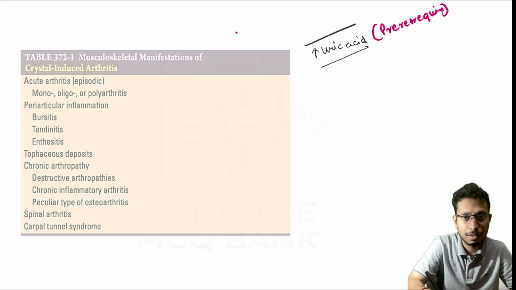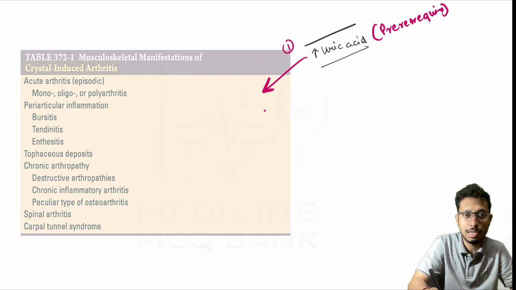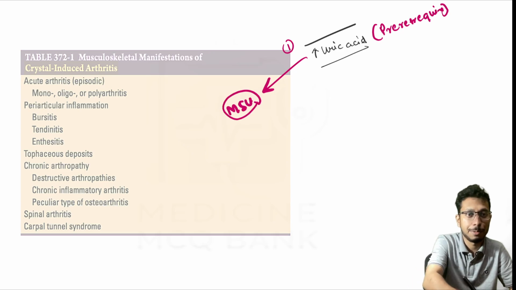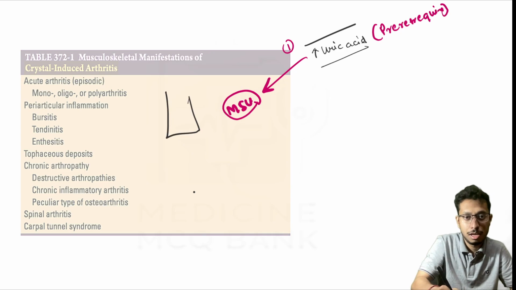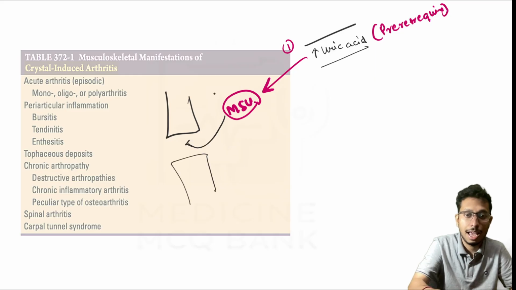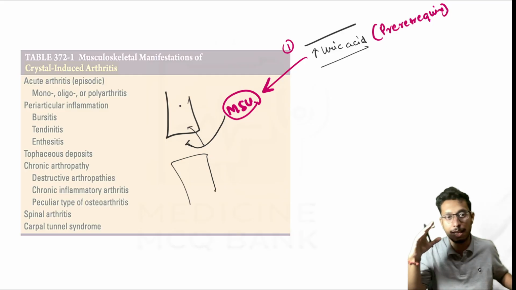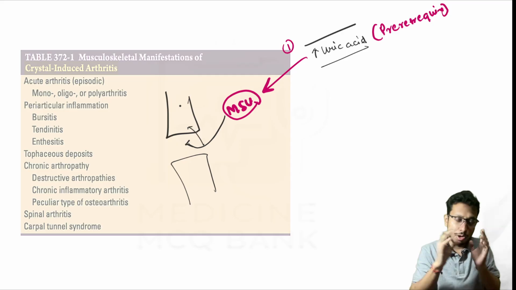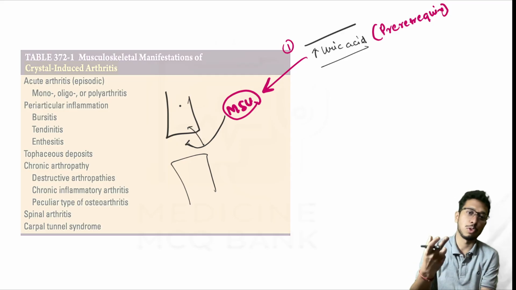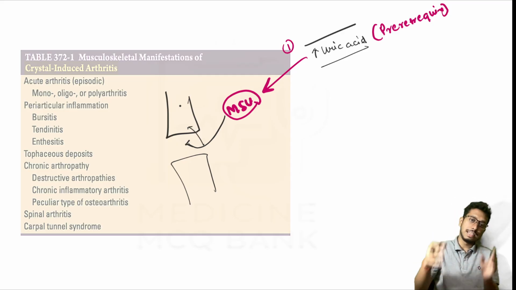Okay. So this prerequisite uric acid gets deposited as monosodium urate crystal into the joint cavity, as well as the connective tissues along with it. Classically, it presents as episodic inflammatory arthritis. It is not chronic in nature or only an acute episode in nature. It is episodic. It happens for a time, then there is an intercritical period when there is no attack of gout at all.